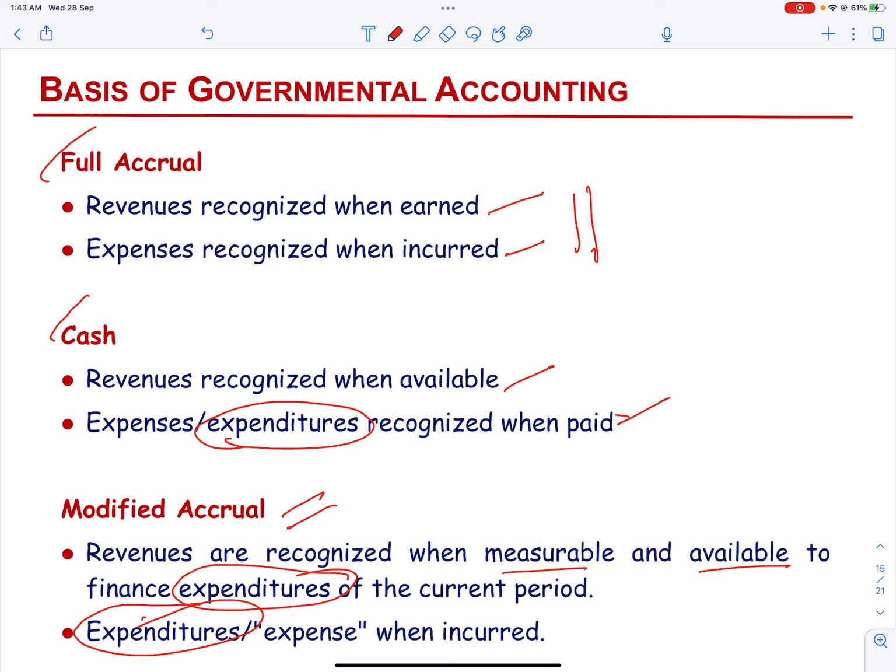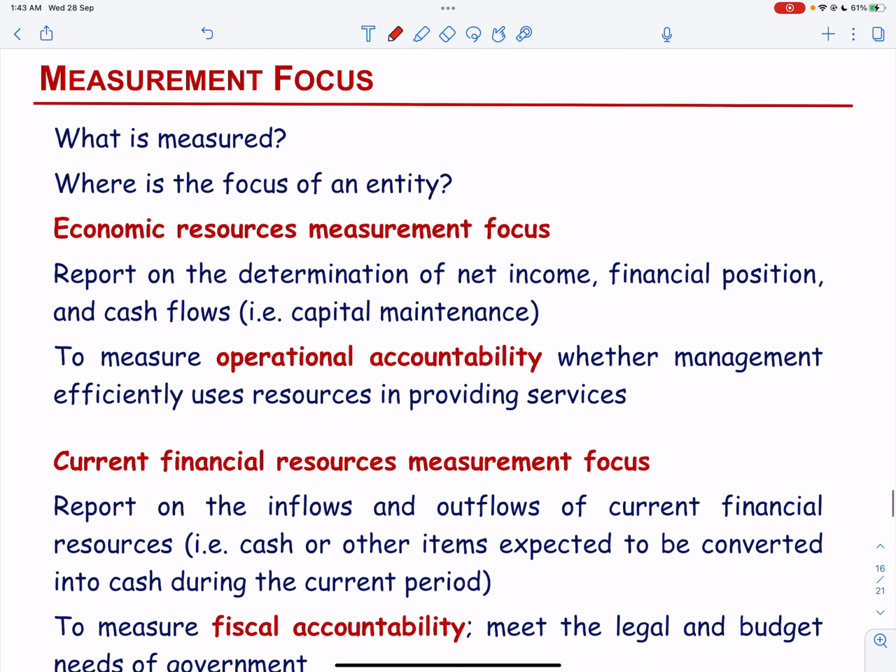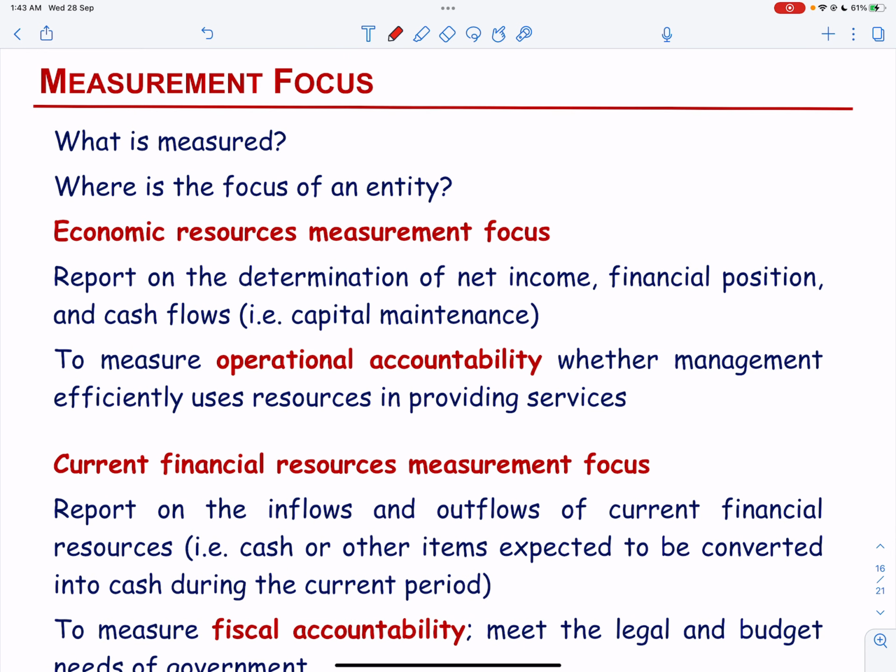Next, we are going to talk about measurement focus, that is, what are we measuring? So, what is measured? This means which assets and liabilities are to be recognized for recording.